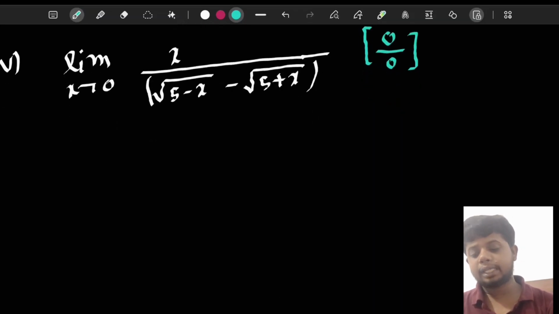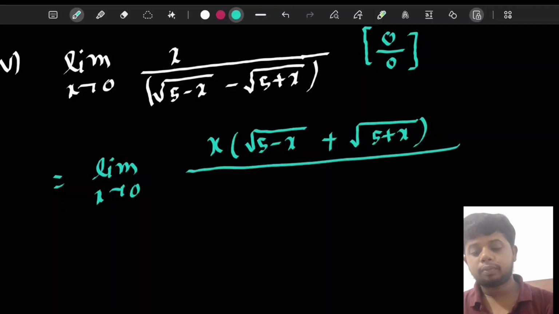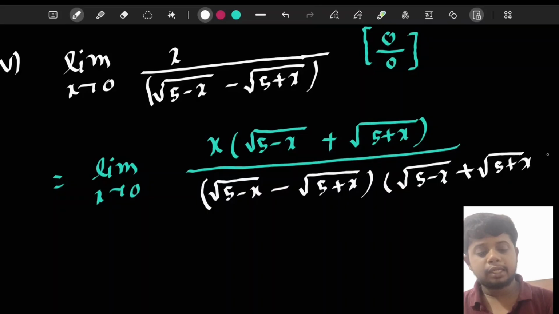Now what will we do? I'll rationalize. So I'll get limit x tends to 0, x into under root of 5 minus x plus under root of 5 plus x, upon under root of 5 minus x minus under root of 5 plus x into under root of 5 minus x plus under root of 5 plus x.